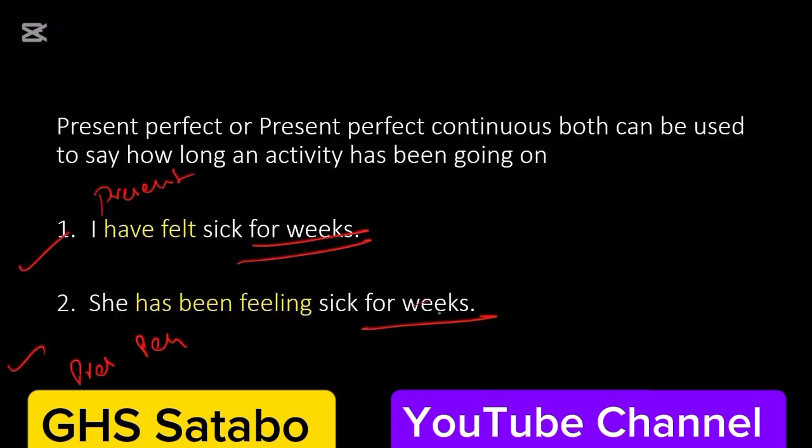But the difference, if you look here, lies in the verb. So in the first case, the activity of feeling sick is over, but the weeks are going on. On the other hand, the activity of feeling sick is going on. In the past, the process has been going on over weeks.